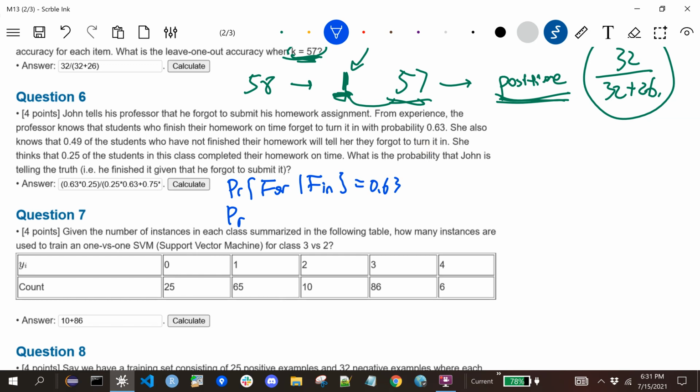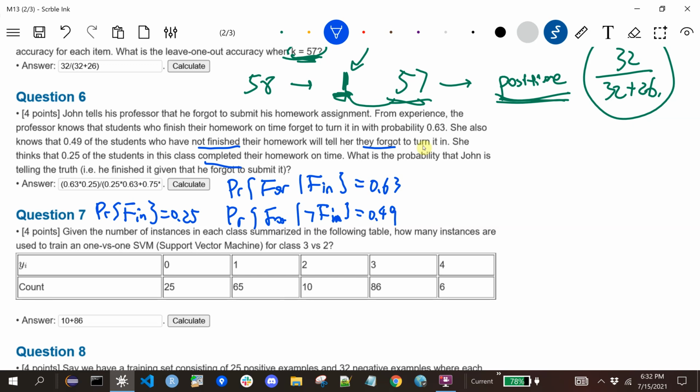And the second sentence is, given they did not finish, they forget. So probability of forget given not finish is 0.49. And at the end, there is a prior probability of finish. So this is probability of finish is 0.25.